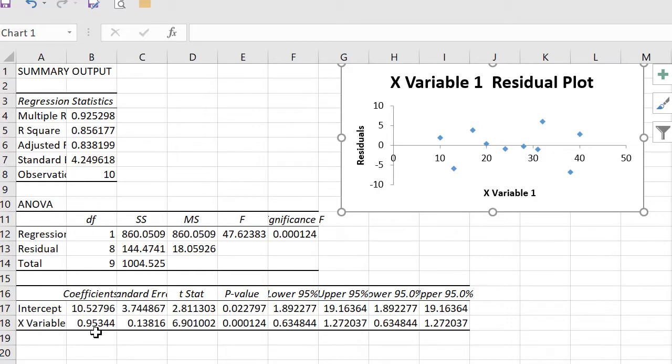So for beta 1, the p-value is 0.0001, and since that's less than 0.05, the level of significance, we would reject the hypothesis that B1 is equal to 0. And we would go ahead and conclude that there is a relationship between weekly usage and annual maintenance expense.